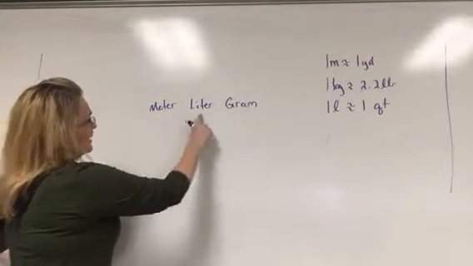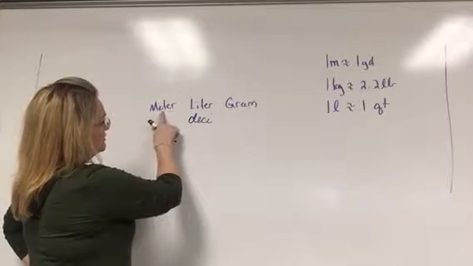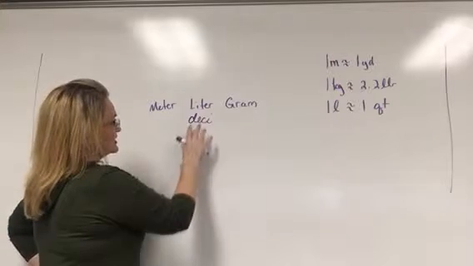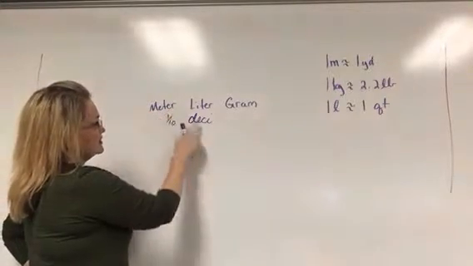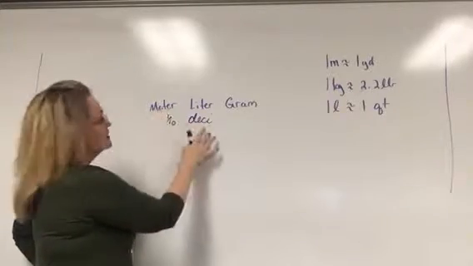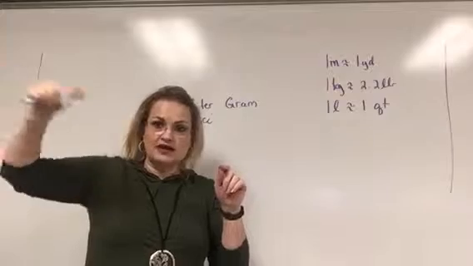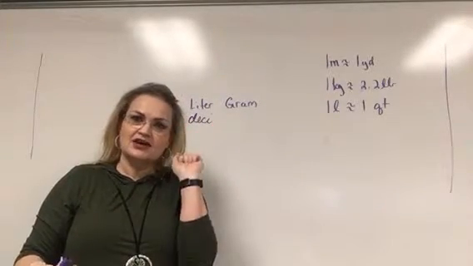If we add the prefix deci, it means we have a tenth of any one of these. So this is dividing as we go down the list. A decimeter, which we'll call a dm, is 1/10 of a meter. So you take that meter stick and divide it into 10 equal parts. It's about this long, so it's not that big.